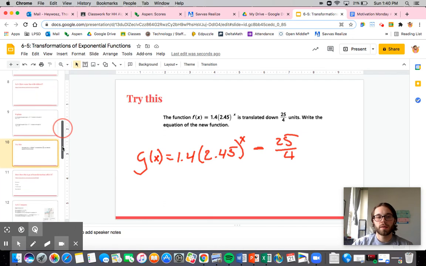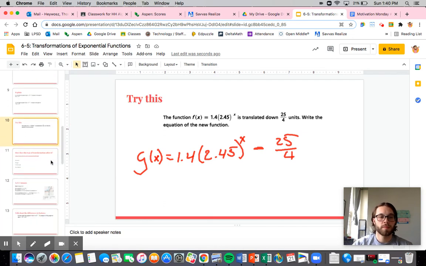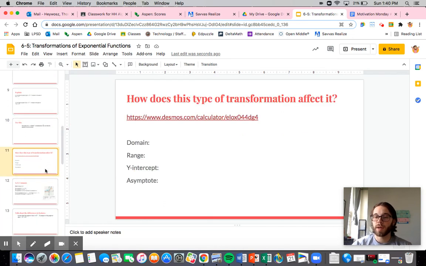Now, as we talked about, this does affect other things. The domain, as we said, will stay the same. It's still all real numbers, so it's still going to be negative infinity to infinity. The range has a difference.